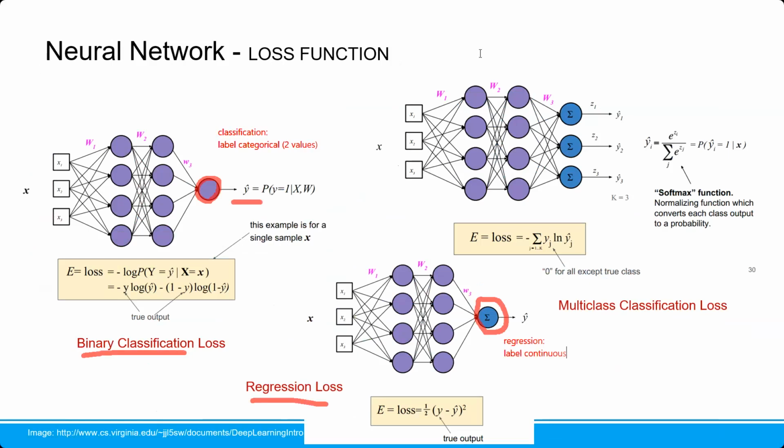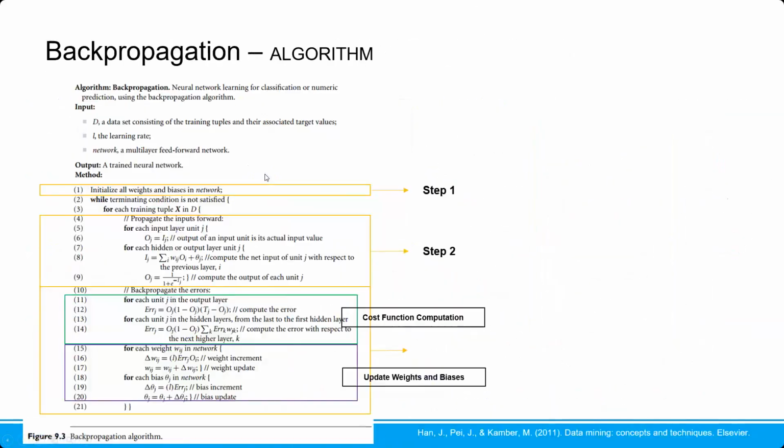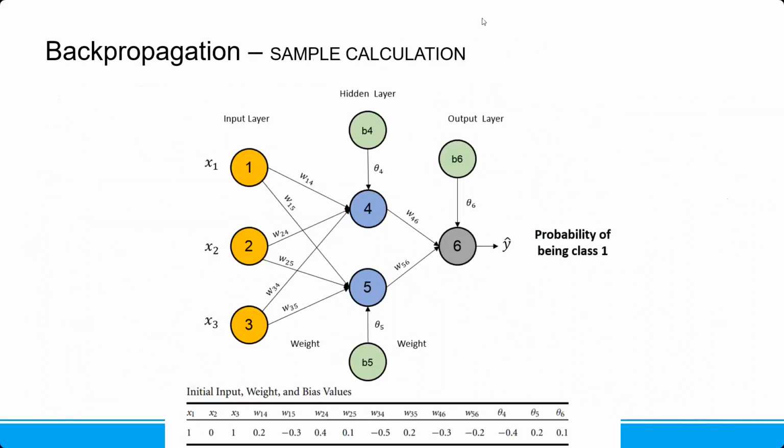Now, you can look at the final node. It is one node, and this is also one node. So how do we know that it is classification? It is from the word class. So it is the probability of being class 1. If there is only one node like this one, it means binary.